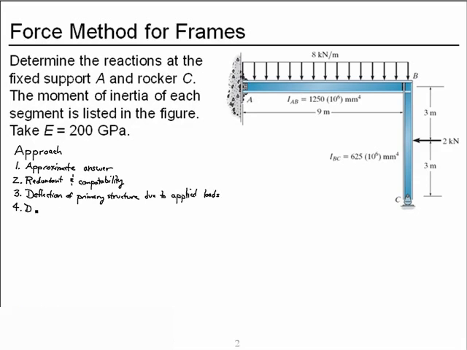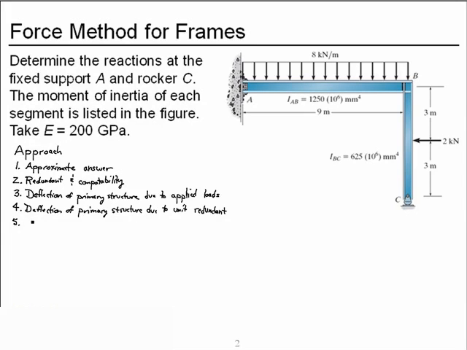Then we'll calculate or predict deflection of the primary structure due to a unit redundant. So we'll pull off the applied loads and just apply a unit redundant.